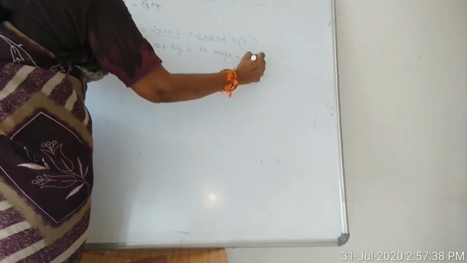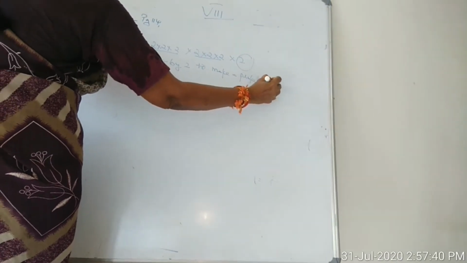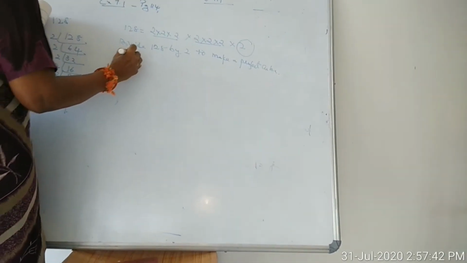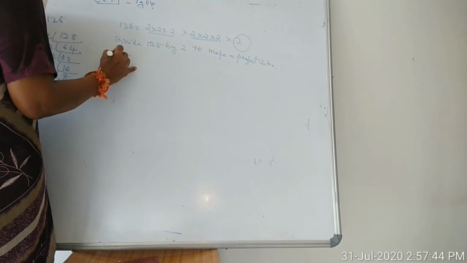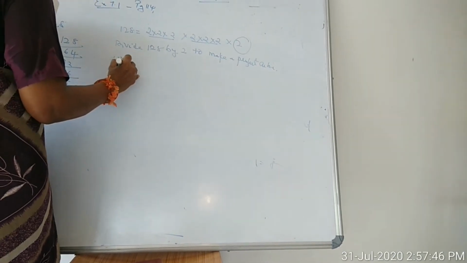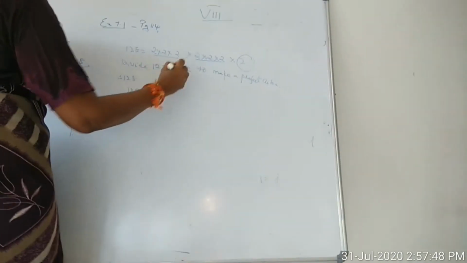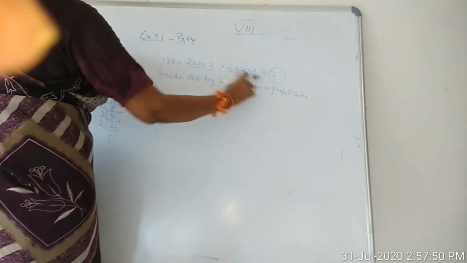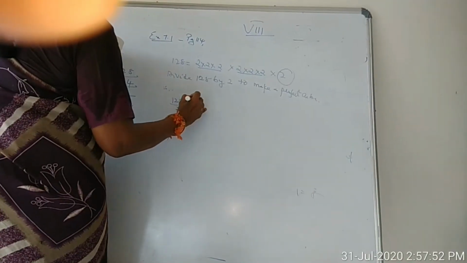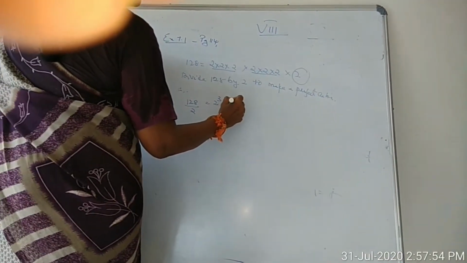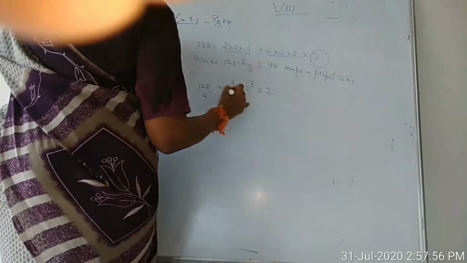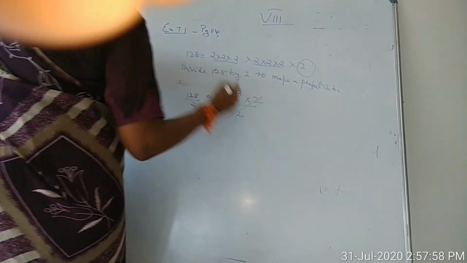It is division. When you divide, children, the value of the number decreases. Divide 128 by 2 to make a perfect cube. 2 cube into 2 cube into 2 by 2.